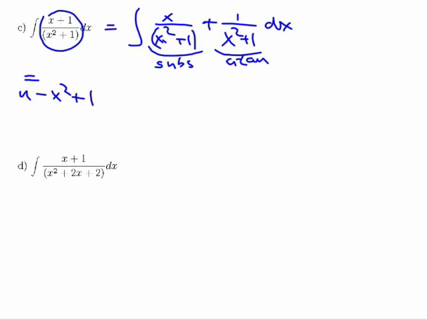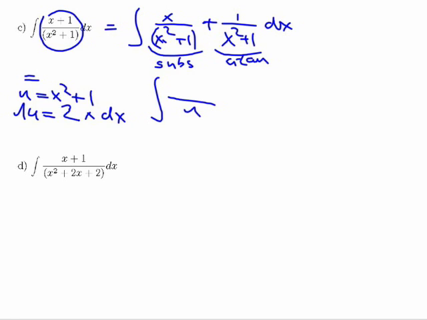If we do this, what is our derivative? What is du? Well, du is equal to 2x dx. That's our substitution. Doing the substitution, what do we get? We get the integral over our denominator x squared plus 1 now just becomes u. What happens with the numerator?